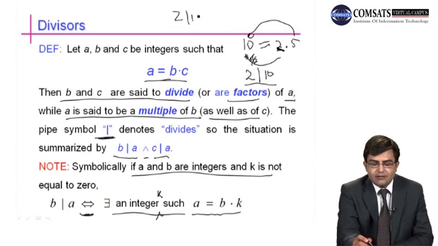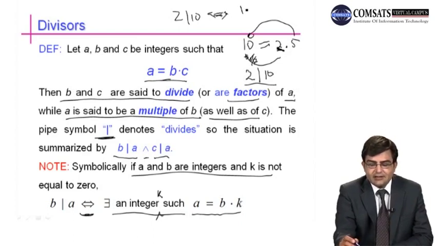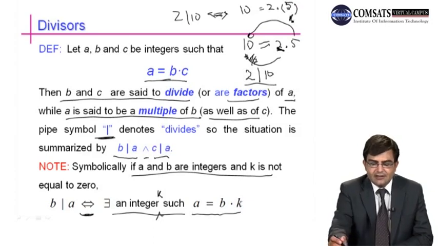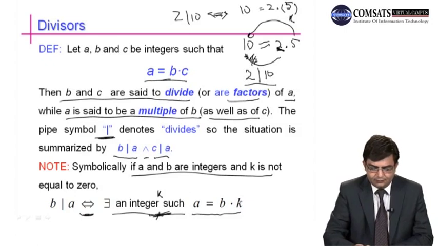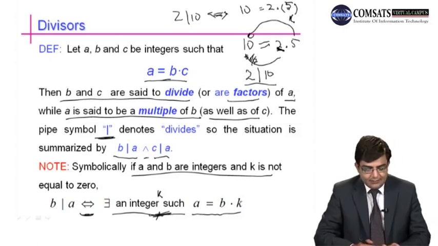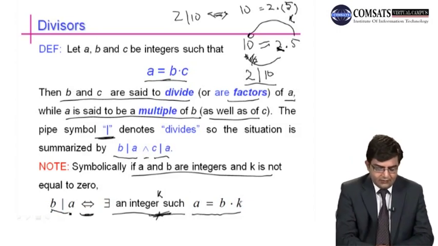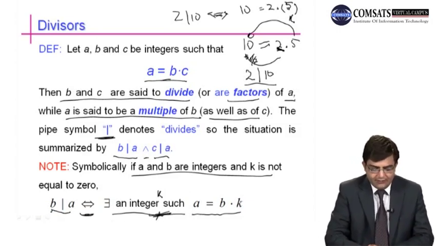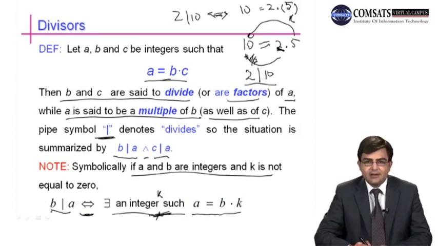If we write 2 divides 10, then, if and only if, there exists some integer such that 10 can be written as 2 into what? Here 5. So 5 is that integer K in this definition. So we say that B divides A if and only if there exists some integer K such that A can be written as B into K. This is how we write division in number theory.